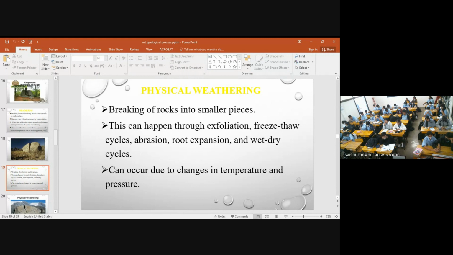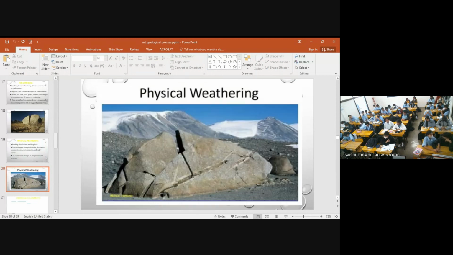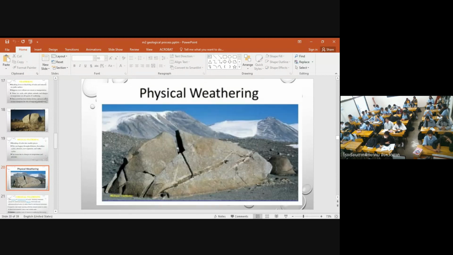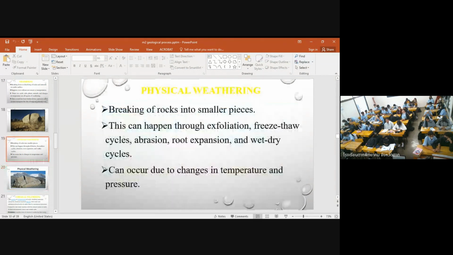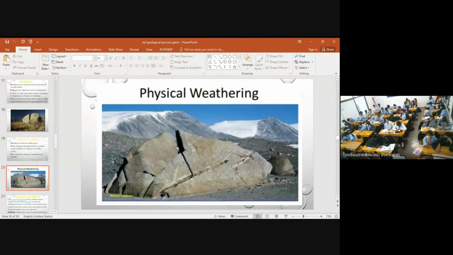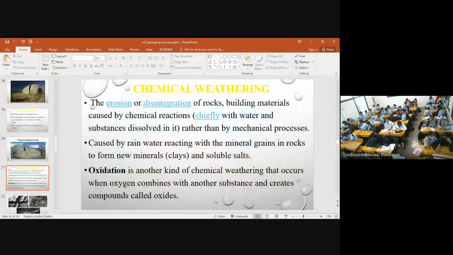Due to change in temperature and pressure, that is physical weathering. For example, this whole rock has so many cracks, so we have physical weathering, breaking into smaller pieces. Okay, this is physical weathering.